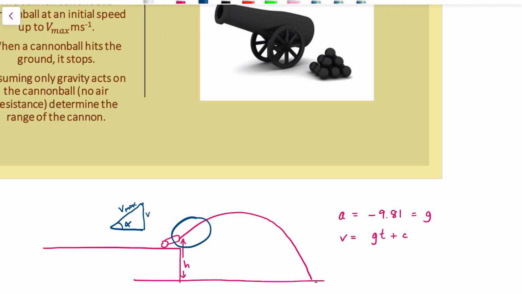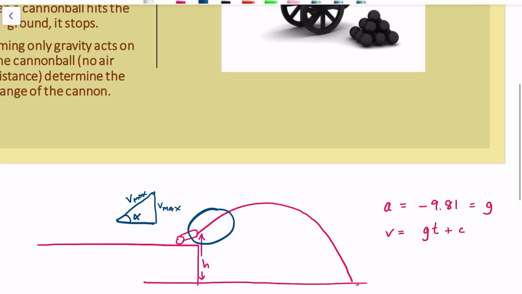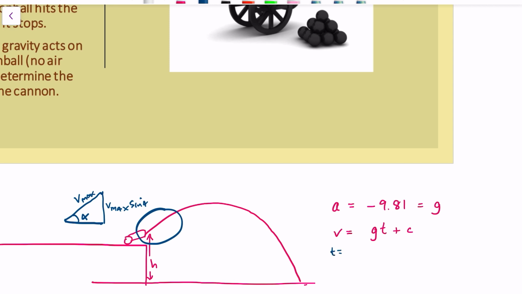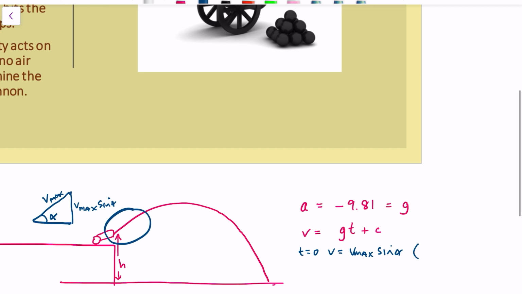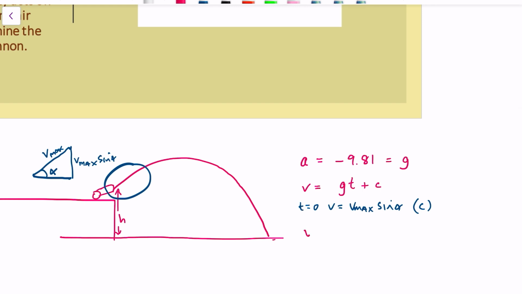Therefore the initial vertical component of that velocity is v max sine alpha. And so if we sub that in at t equals 0, we get v equals v max sine alpha. That's our c value. So now we've got the velocity function gt plus v max sine alpha.